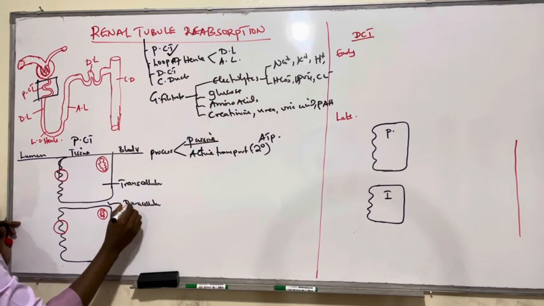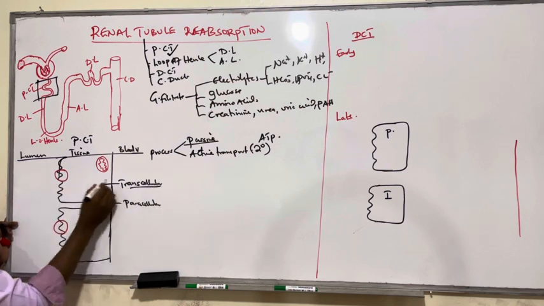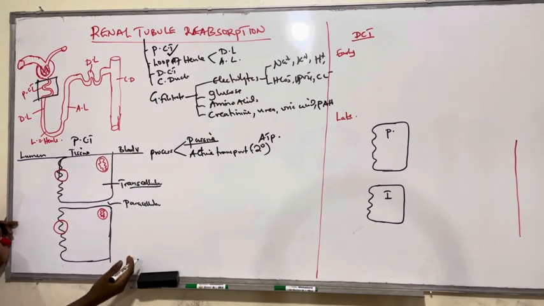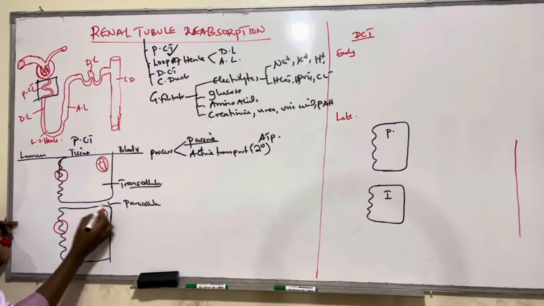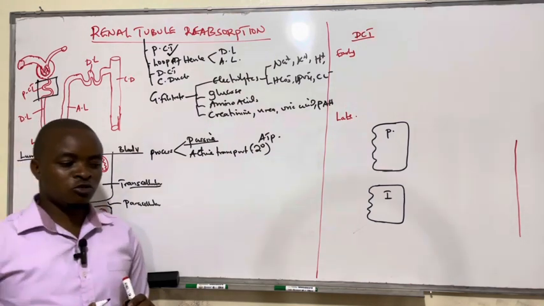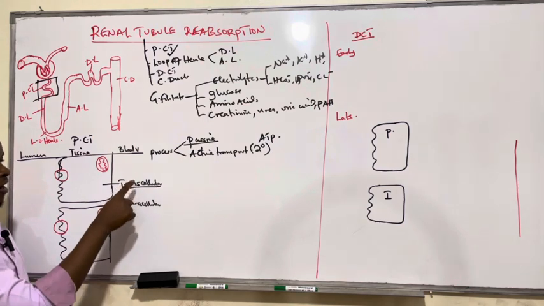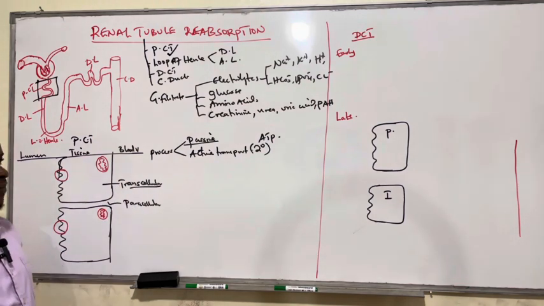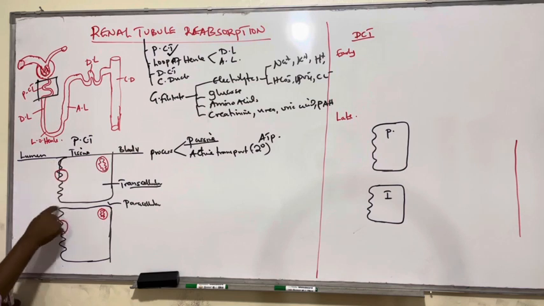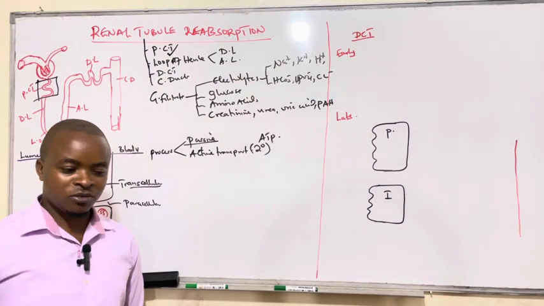So some substances move across the cells to enter into blood circulation. Others use the gap junction to enter into blood circulation. That is what you call the transcellular and paracellular routes. The proximal convoluted tubule has numerous brush borders that increase the surface area for reabsorption.